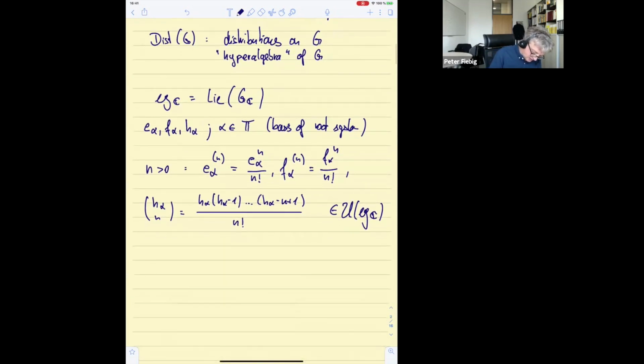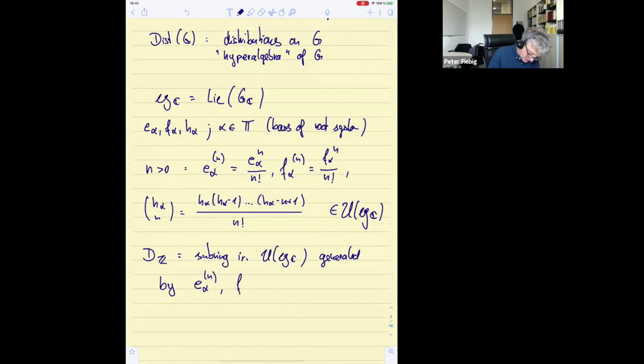And you can look now at the constant form over the integers. So this is the subring in U_G,C generated by all these elements above, also E alpha to the n, F alpha to the n, and these binomial coefficients.